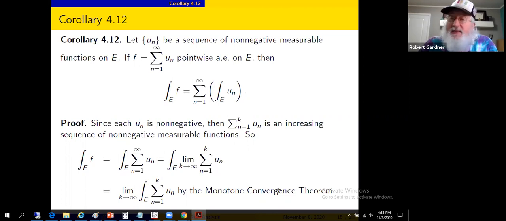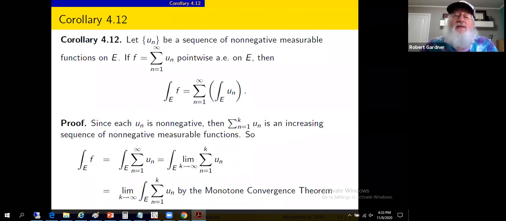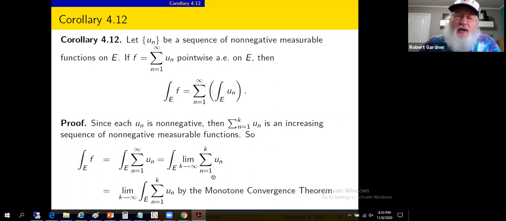Here we can apply the monotone convergence theorem. So I can bring the limit outside of the integral, one little step at a time. Now we've got an integral of a sum.